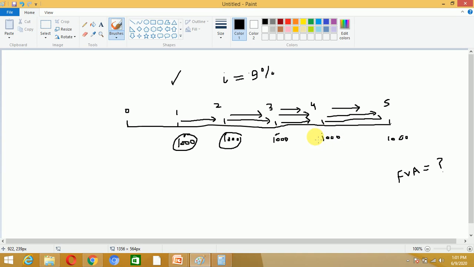On this $1,000 you will receive interest only 1 time. And on this last deposit of $1,000 you will not receive any interest, because you are depositing it at the end of this 5th year, and you want to calculate your future value after 5 years.